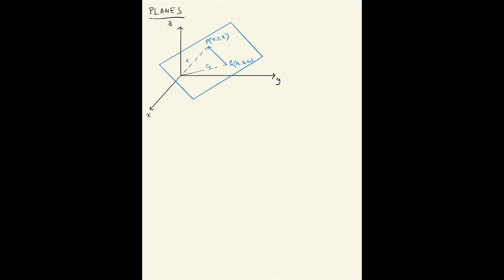Okay, imagine you have in 3 dimensions, you have a plane. You have the initial point P0, and it will go through P. So from P0 move to P, and I hope you still remember.